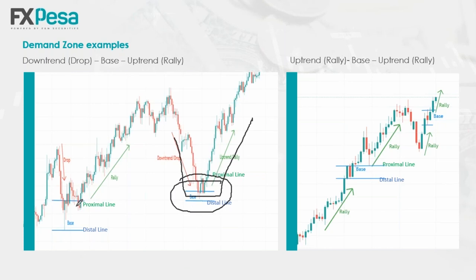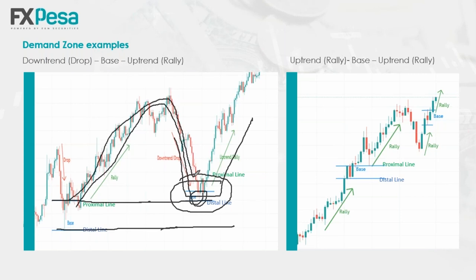Let's assume for once that we had marked this level as our demand zone. You will notice that you will have to wait all this period until such a time price comes back close to this level. So this amount of period might be long.